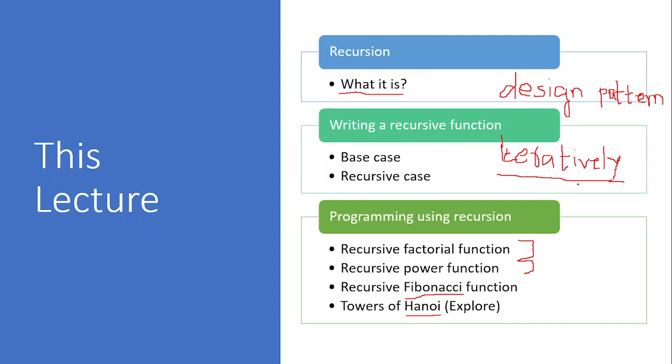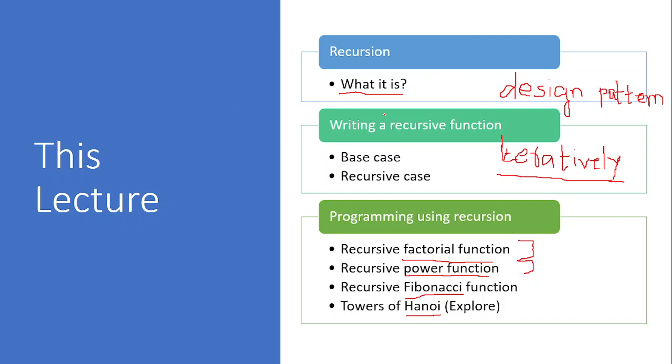So this is what recursion is. Recursion is when a function calls itself again and again. And why would a function need to call itself? We'll talk about this when we talk about the factorial function and the power function, or the Fibonacci function for that matter. We will talk about why a function needs to call itself.